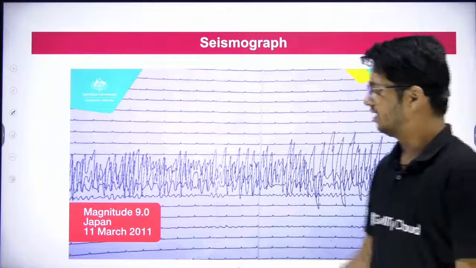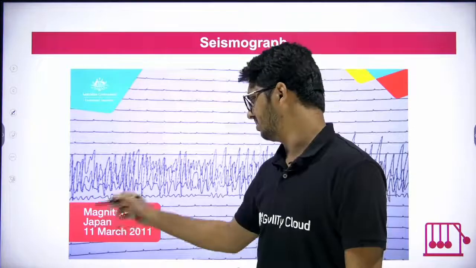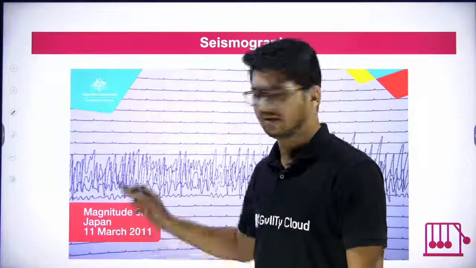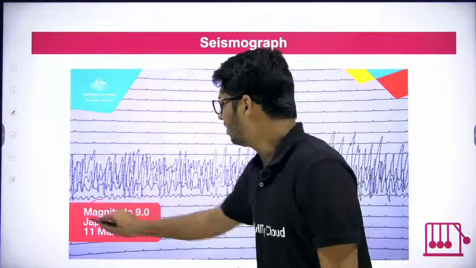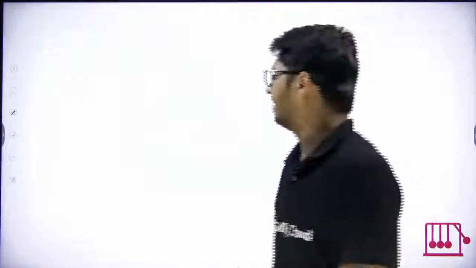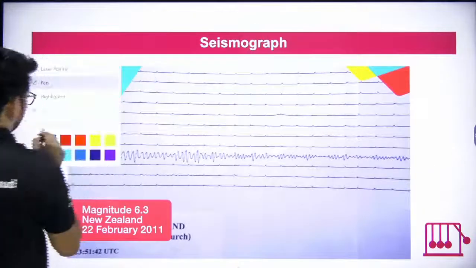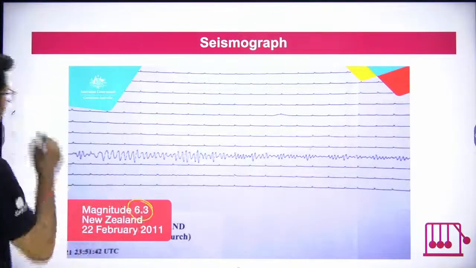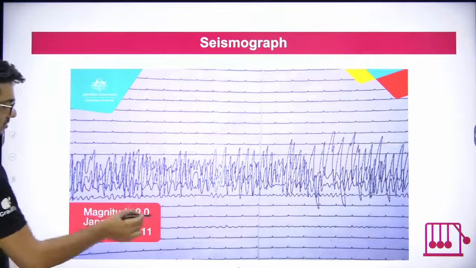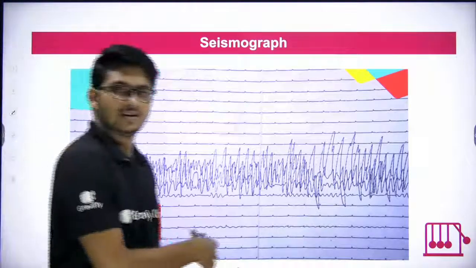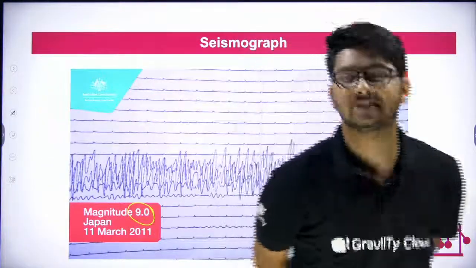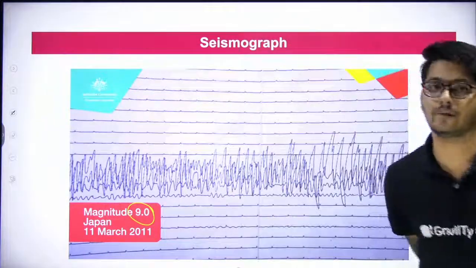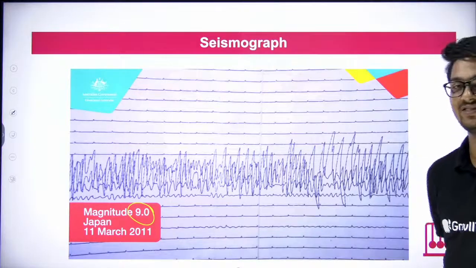In fact, this earthquake was in Japan on 11 March 2011, and its magnitude is 9.0, while in the previous case the magnitude is 6.3. This is a very powerful earthquake. So the seismograph also tells us how powerful an earthquake is.